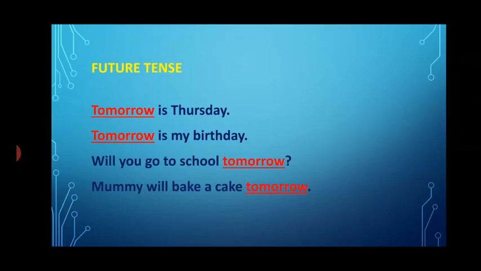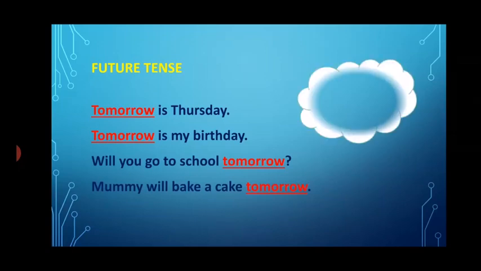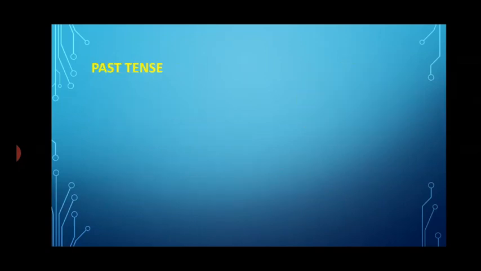And when it is future tense, I used tomorrow. Alright, children? Let's come to the third part of time. Now, it is past tense. What tense? Past. Past means that which has gone, finished, past.